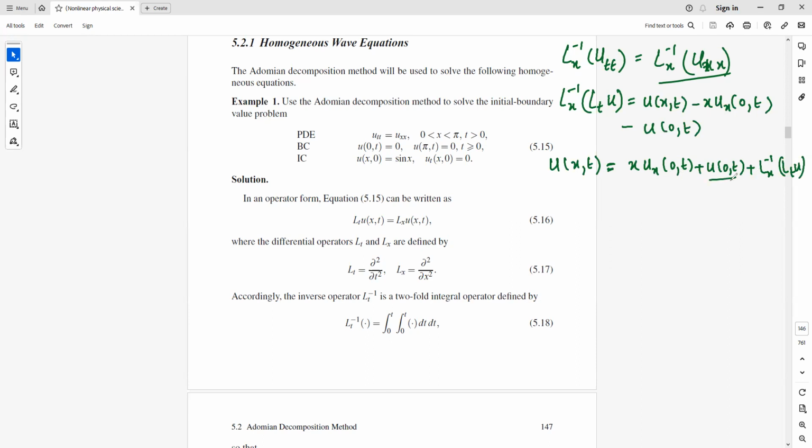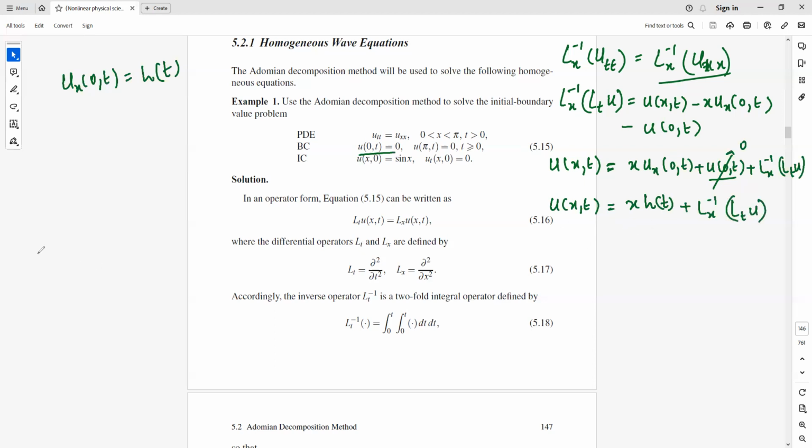Now, since u(0,t) is given in the boundary condition as 0, this term is 0, and for u_x(0,t), we know that this is a function of t. Therefore now we can write u(x,t) equals x h(t) plus Lx inverse LT u.